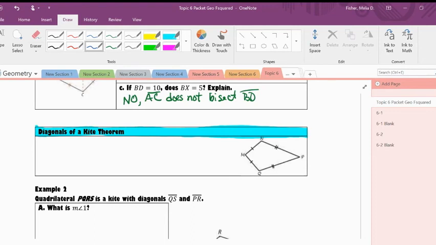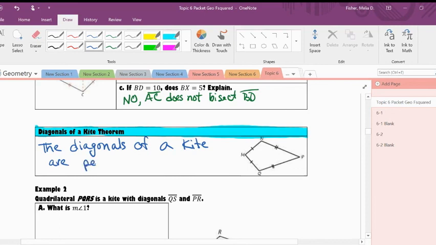The diagonals of a kite are perpendicular. So you can draw in your diagonals and show that those intersect at 90 degrees.